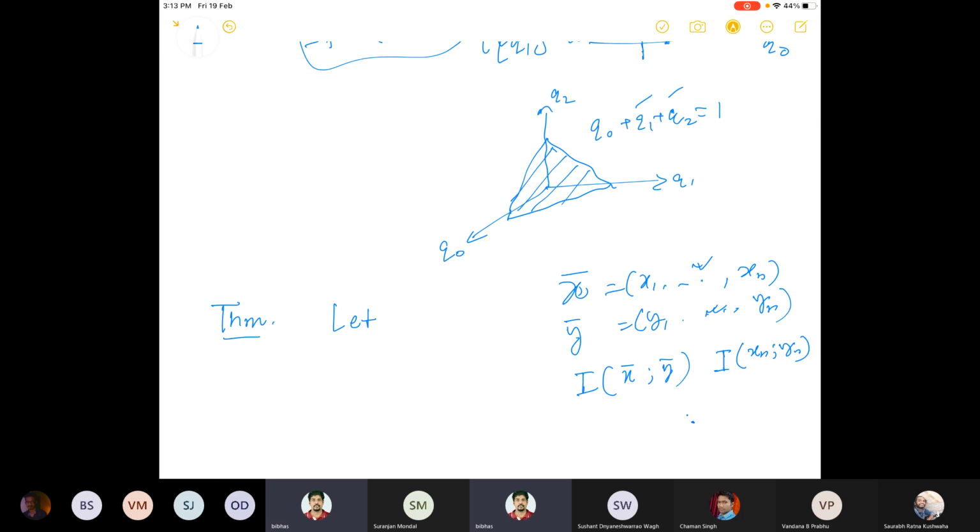What is the connection? How do I write this in terms of this? This is our first result.